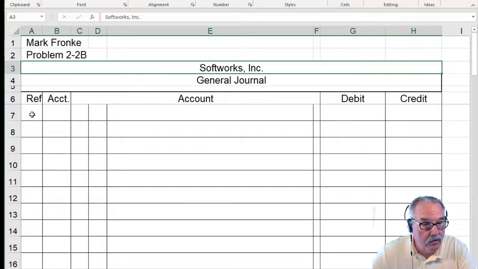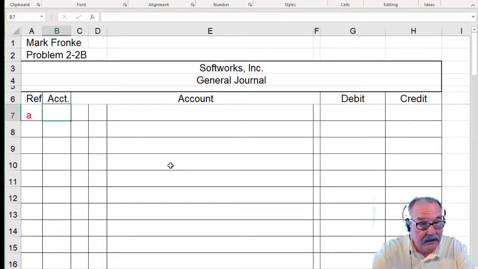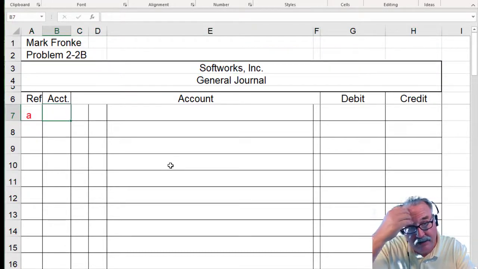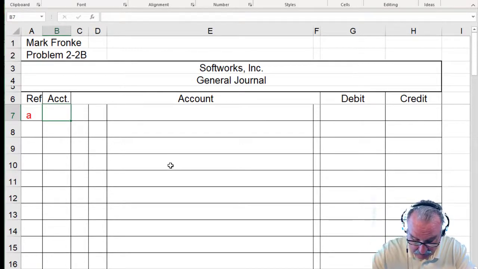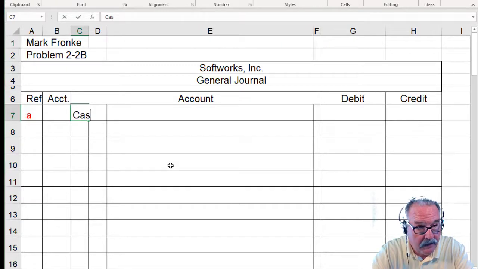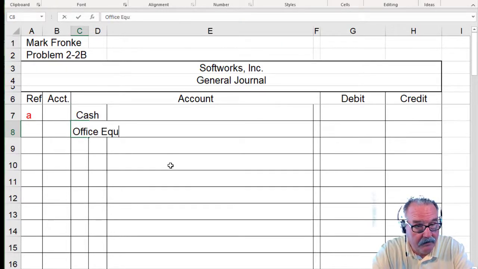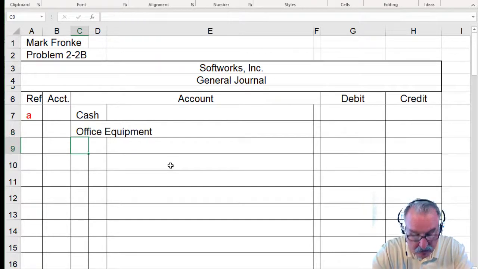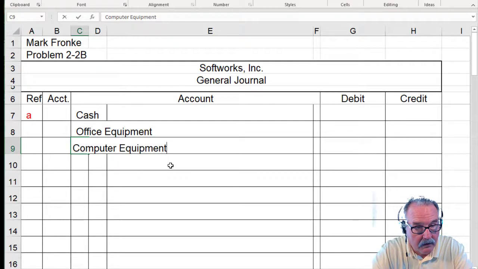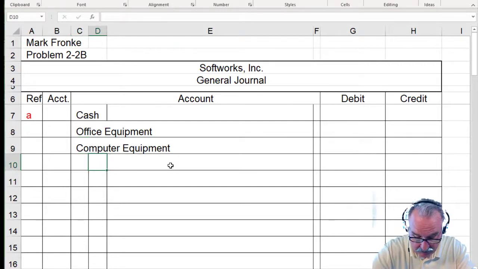So we're going to label this A, and I like to label references in red. It makes it stand out a little bit. I'm not going to put the account number in yet, but we have a debit to cash, a debit to office equipment, and a debit to computer equipment.